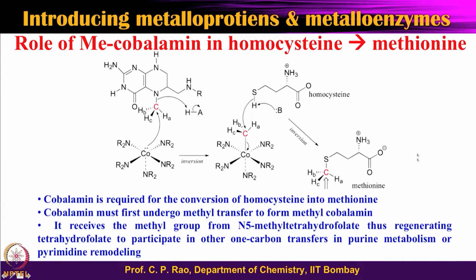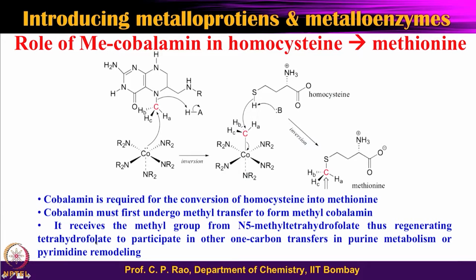So, I have not shown all the other parts. So, it will convert into the methionine. So, homocysteine to methionine. So, cobalamin is obviously required for the conversion of homocysteine to methionine, and it is not the normal cobalamin, it is the methylcobalamin. So, the normal adenosyl cobalamin loses the adenosyl and methylation takes place. Cobalamin must first undergo the methyl transfer to form methylcobalamin.